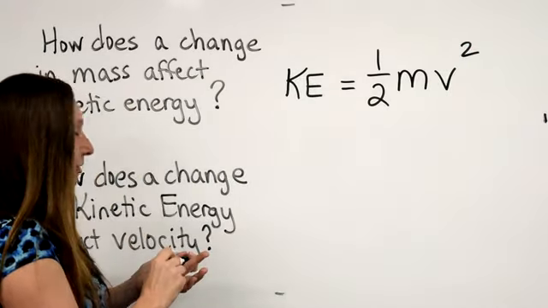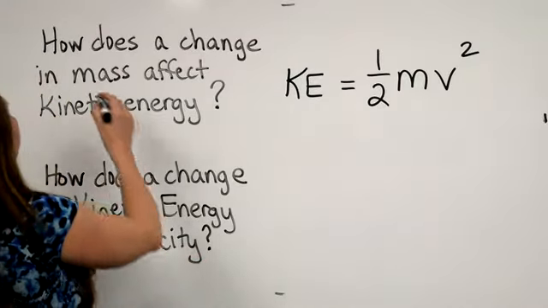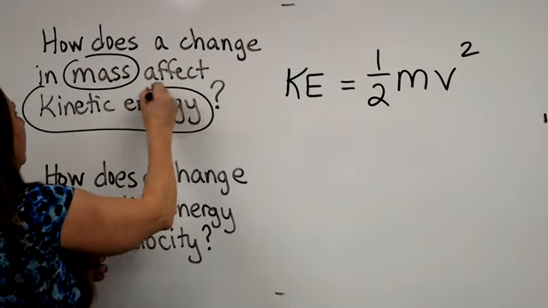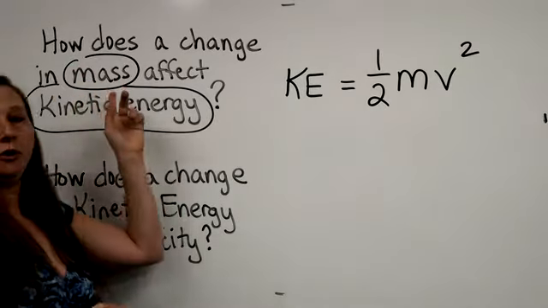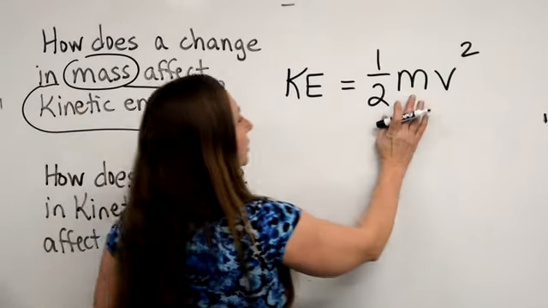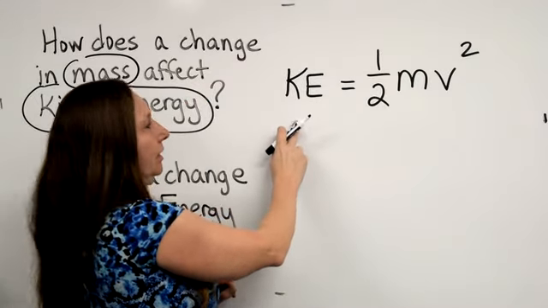Now, what I am saying to you is that when we start talking about this, if you want to know about mass and kinetic energy, and the one that you're going to be changing first is the mass, and you want to know how it affects the kinetic energy, the mass goes on the right side of the equal sign, the kinetic energy goes on the left side of the equal sign.